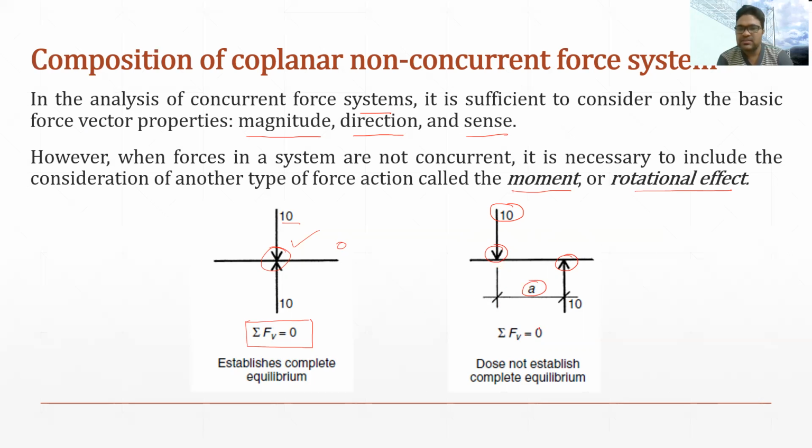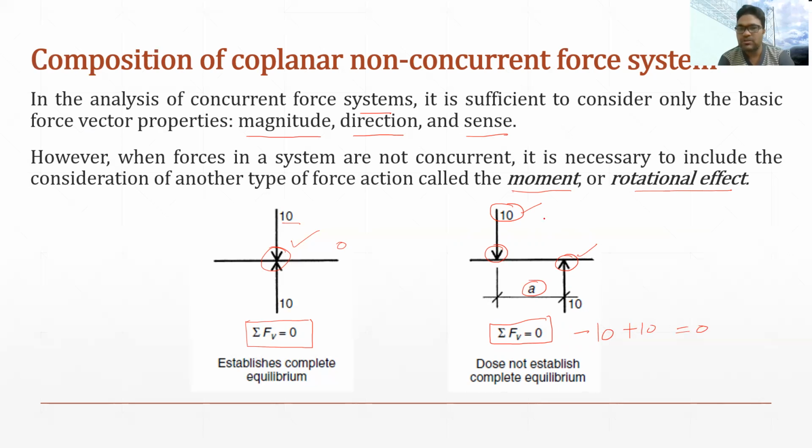So in this case, this equation is not sufficient to establish the equilibrium. Why? Because according to this equation, the algebraic sum of all the vertical forces should be zero. So yes, this force is a downward force, so we take it as negative 10, and this force is an upward force, so we take upward as positive, plus 10. So it gives us a zero value.